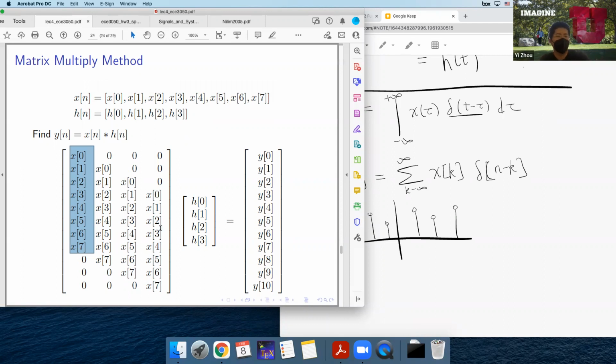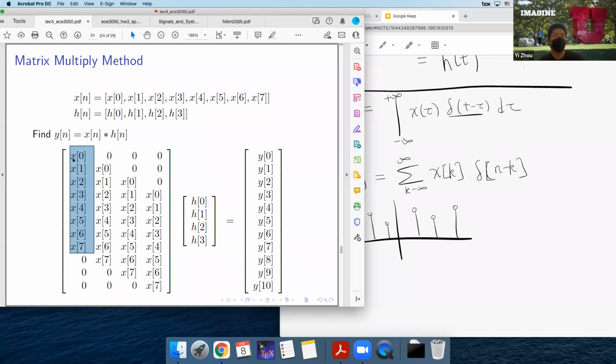column by column. Now, how many columns do we need to generate? You just need to look at the dimensionality between the matrix and the vector. Because the H signal has 4 elements, the dimension is 4. In order to have a compatible matrix vector multiplication, for this big matrix, you need to have 4 columns, right?